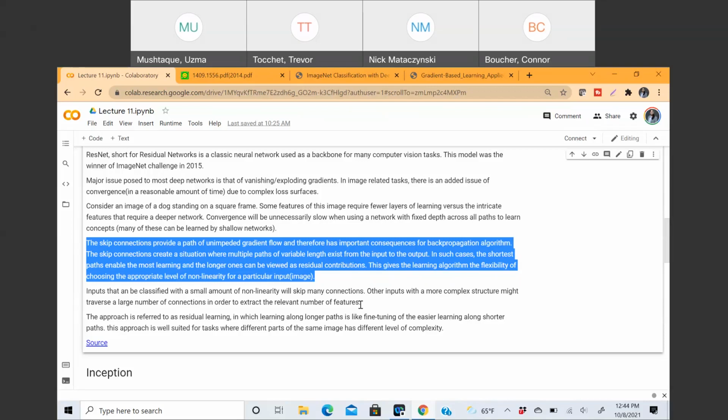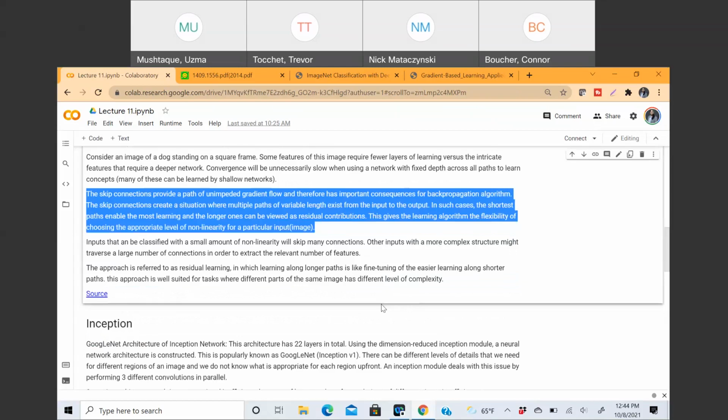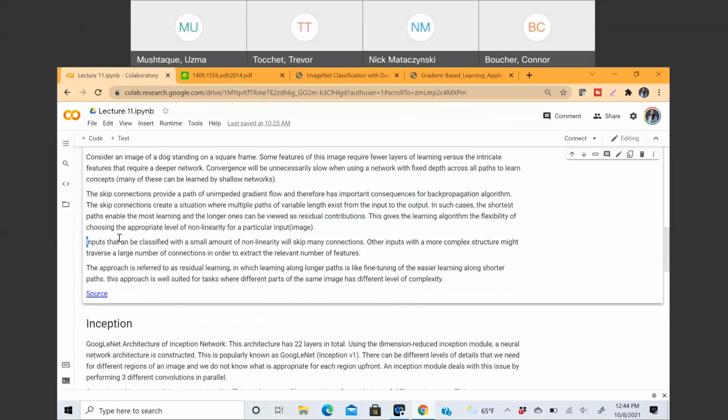When I'm trying to learn a square, I can maybe do that in a single layer, so I don't need to go through all of the layers. But if I'm doing facial recognition and both are in the same picture, I do need to go through them. So in some ways, I'm doing both things together. I'm going to show you mathematically how that works, but that's what this section talks about.